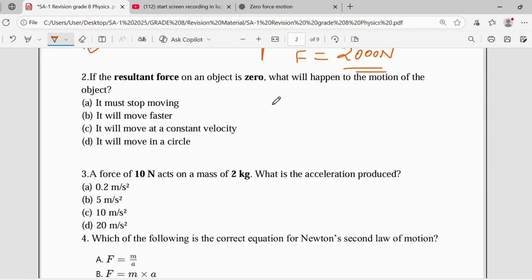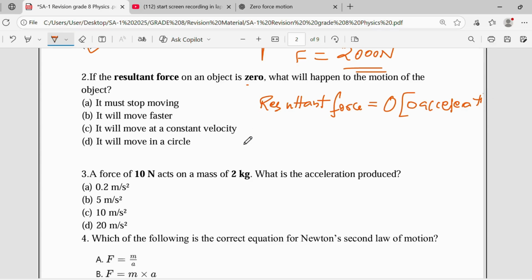Coming to the second question, if the resultant force on an object is 0, what will happen to the motion of the object? Say for example, if the resultant force is equal to 0, that means 0 acceleration.